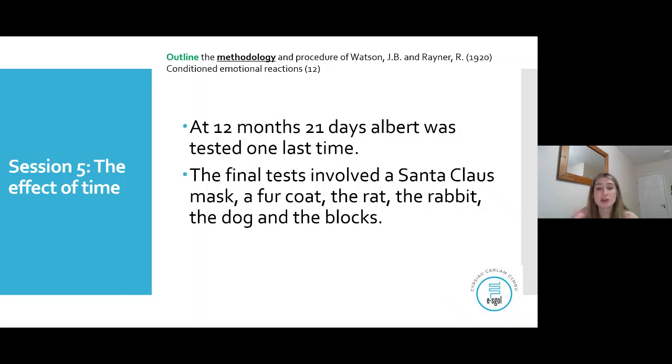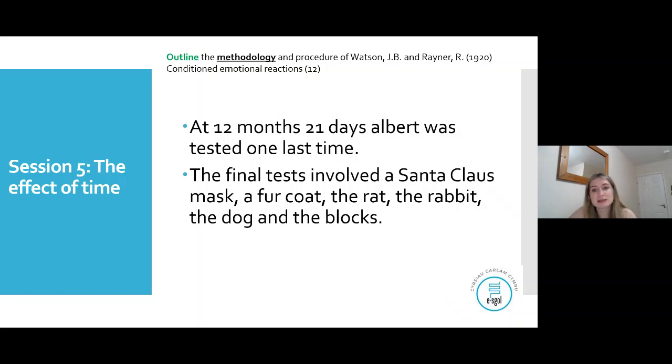Now, if you think about a phobia that you may have, or a friend may have, or a family member may have, lots of the time phobias are created when we're younger, okay, which matches up with this idea that we can be conditioned, and something that happens when we're young can really impact us when we're older. So they really wanted to see, actually, have we done this? Is this forever now? Is he going to be scared of that white rat for a long time?